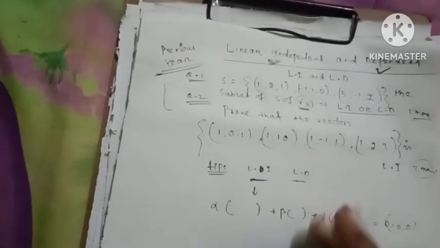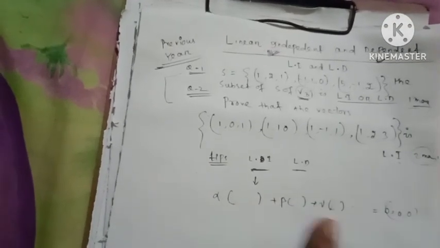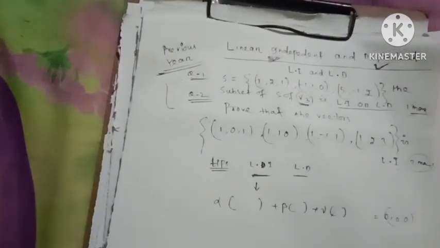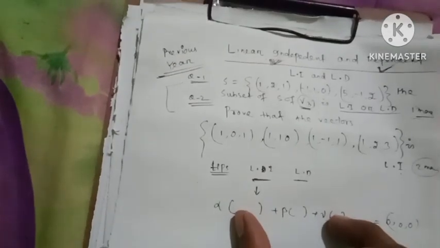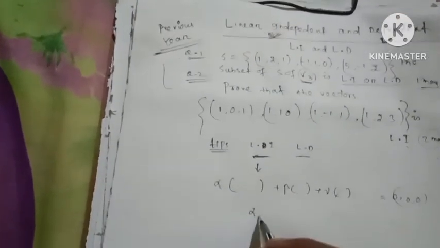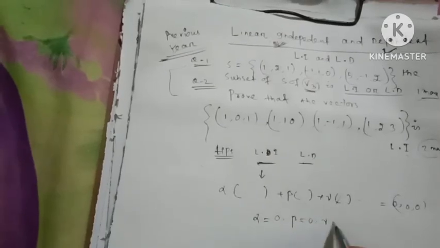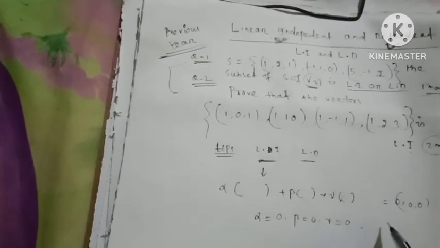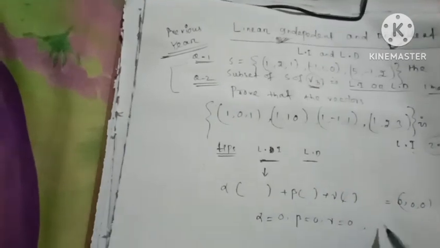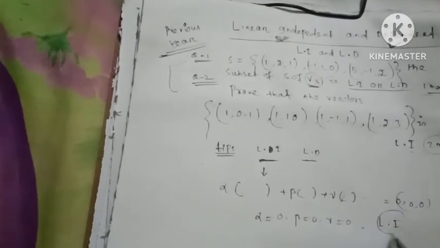Because there are 3 vectors, we require 3 scalars alpha, beta and gamma. This is the linear combination of the given 3 vectors. If alpha equals 0, beta equals 0 and gamma equals 0, then the given vectors are linearly independent.